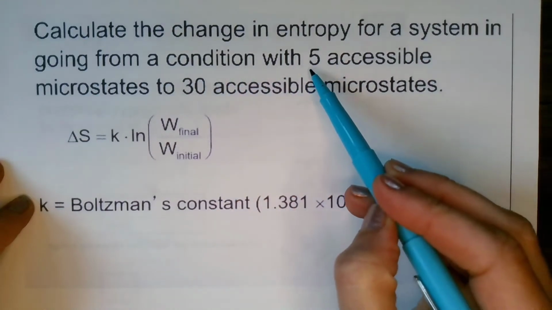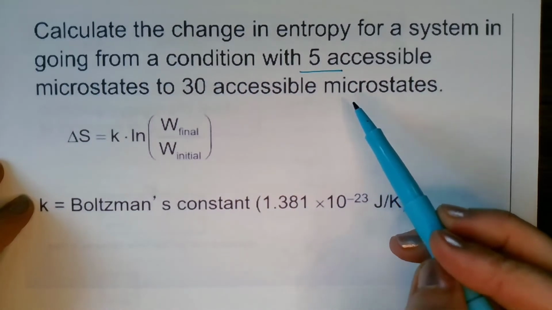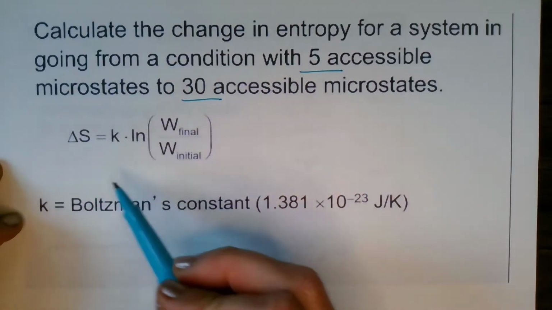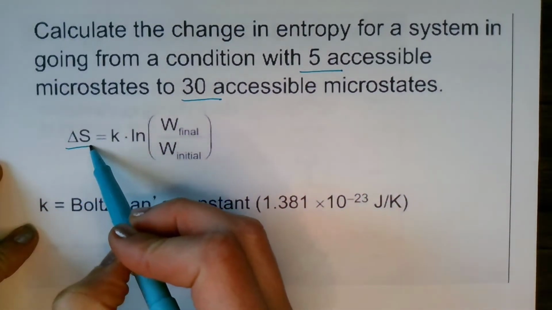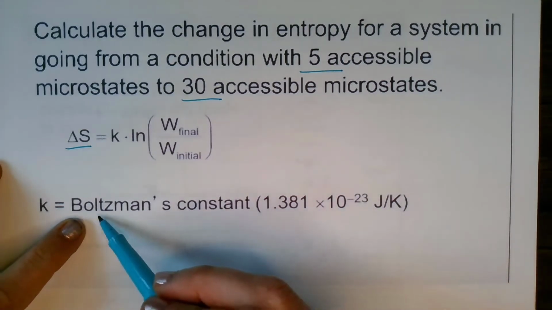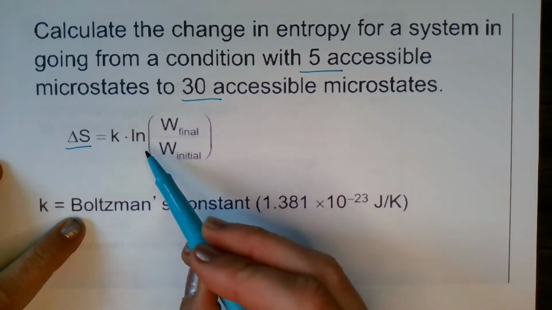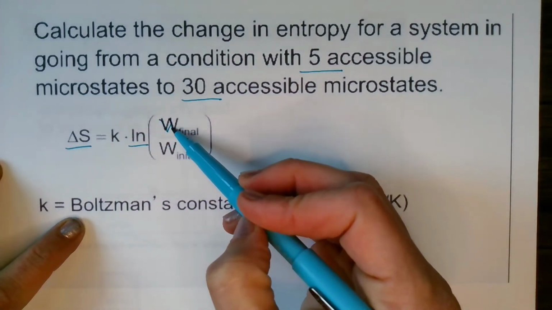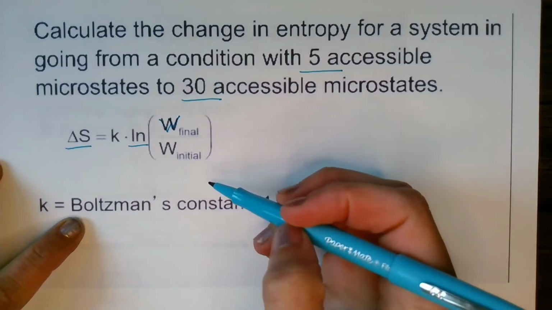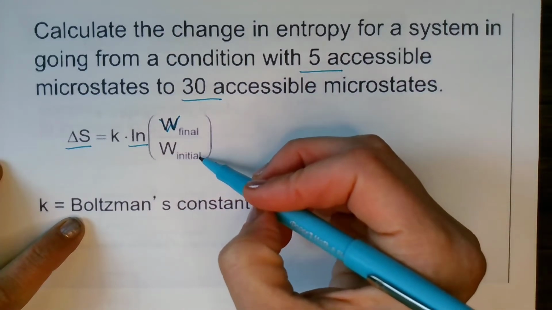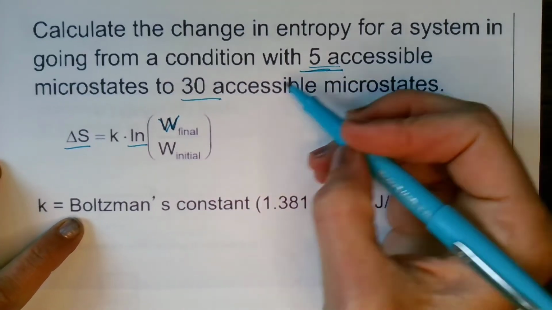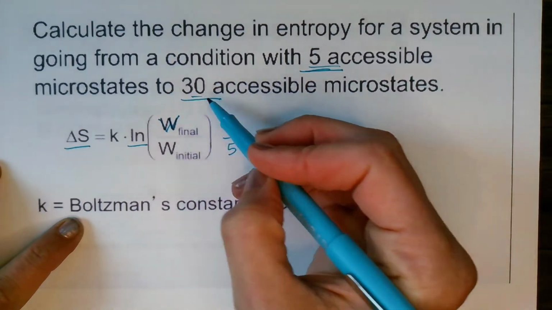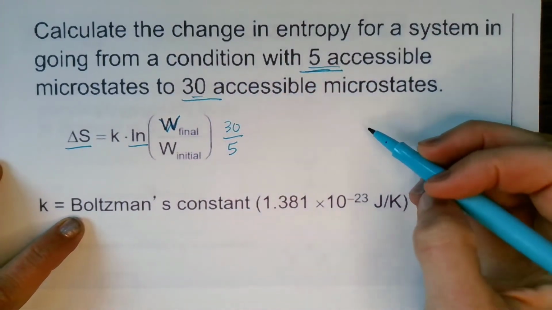All right, so let's look at the change in entropy for a system going from a condition with 5 accessible microstates to 30 accessible microstates. So we're going to plug it into our entropy equation where we use Boltzmann's constant, and then we find the natural log of, remember capital W stands for our number of microstates, our initial, which was 5.